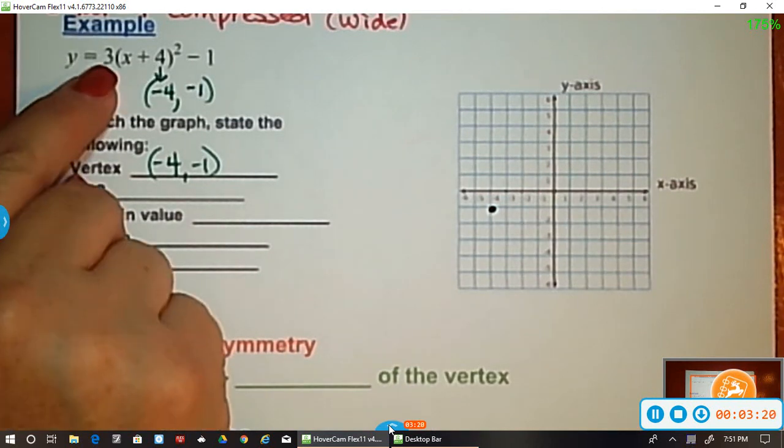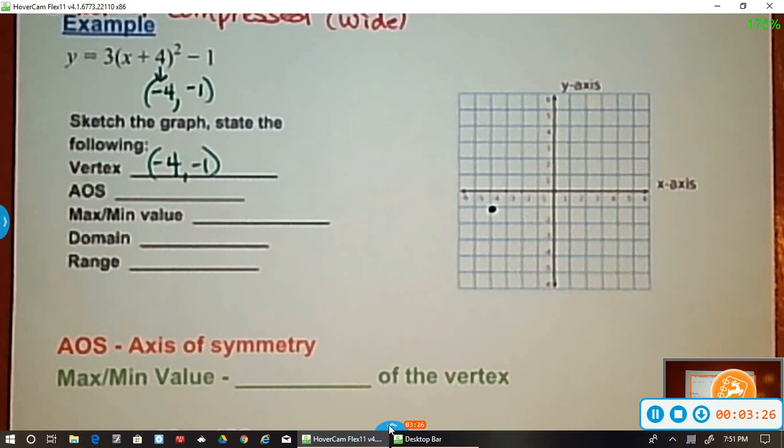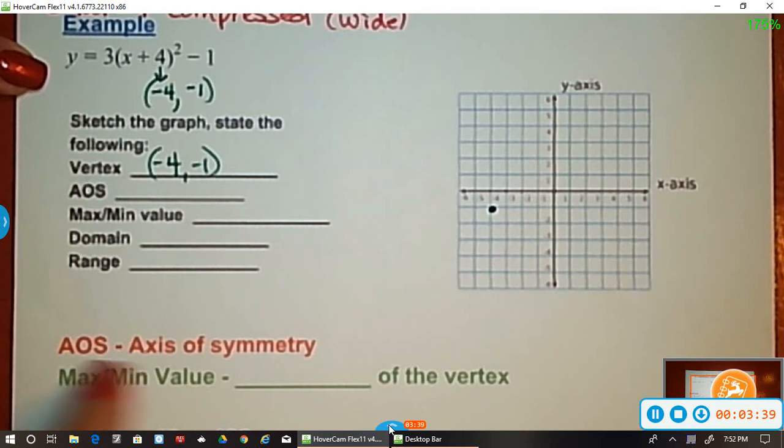Because this is a positive 3, I know that it is going to open up. The next thing that is a new term for us is the axis of symmetry. And down here I've abbreviated it as AOS.